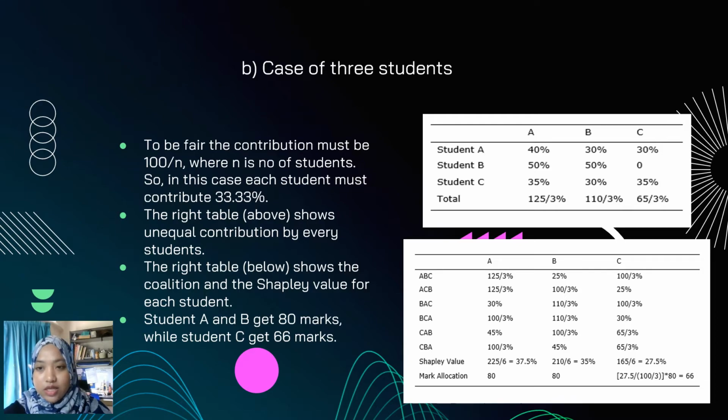As for student C, the Shapley value is 27.5% and it is slightly lower than the contribution that they must give, which is 33.33%. So the mark allocation for student C is counted as 27.5, which is the Shapley value of student C, over 100 over 3, which is the contribution that they should give, which is 33.33%, times 80, which is the students' mark allocation, and student C will get a total mark of 66.